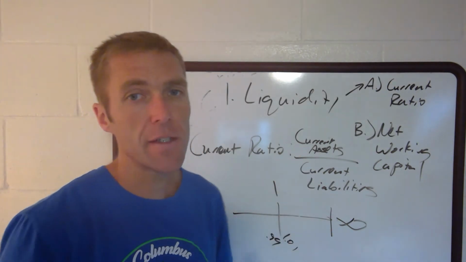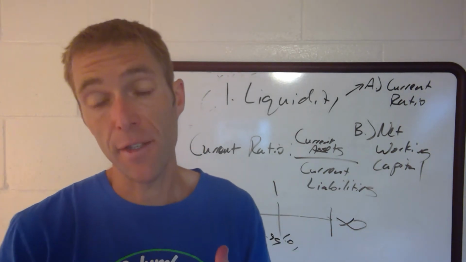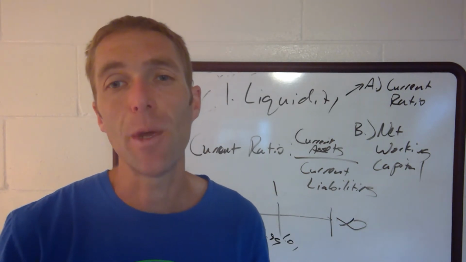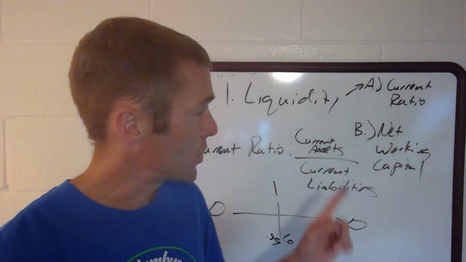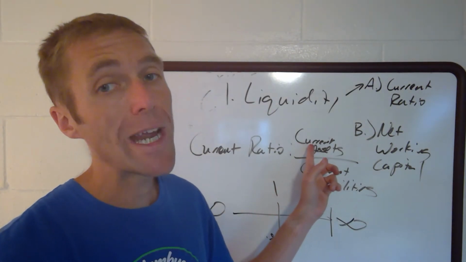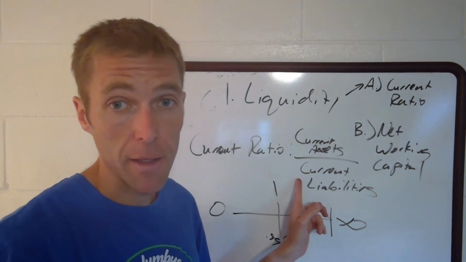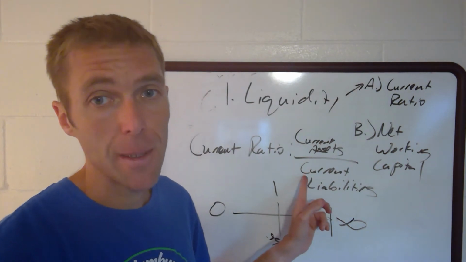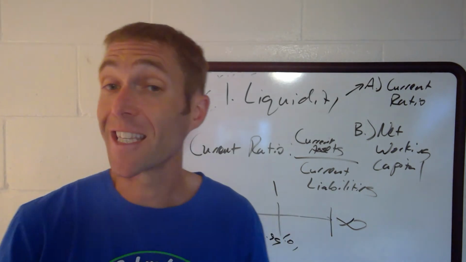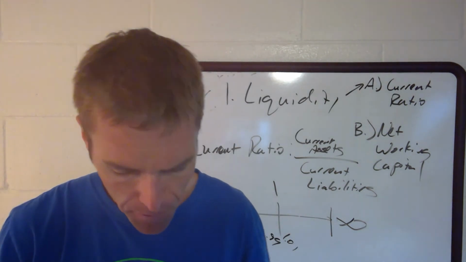Current assets are the things that we have that are cash or are meant to be turned into cash. Current liabilities are the debts that we owe within a year. It sure seems to me that we should have current assets that are greater than our current liabilities, our ability to make debt service payments. It's got to be over 1. If it's less than 1, we have problems.